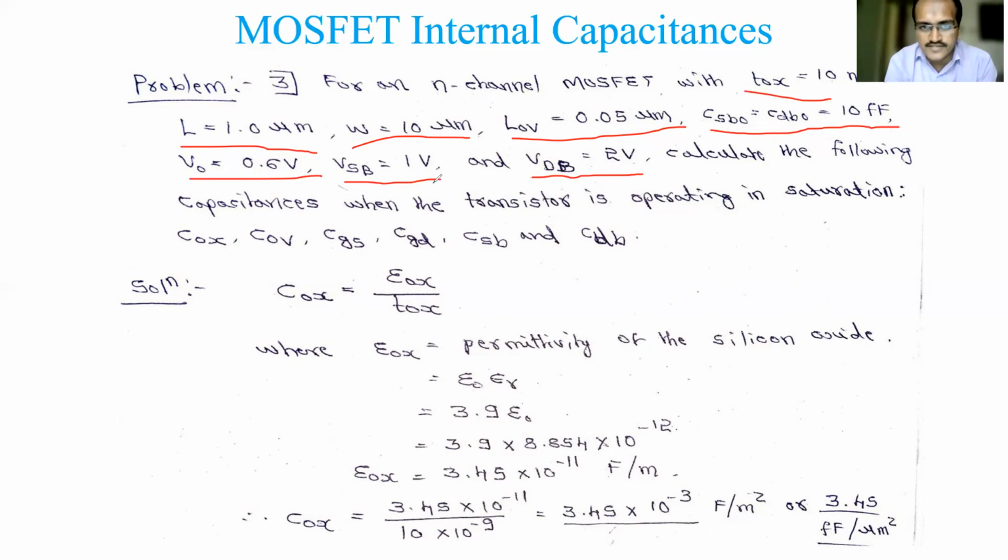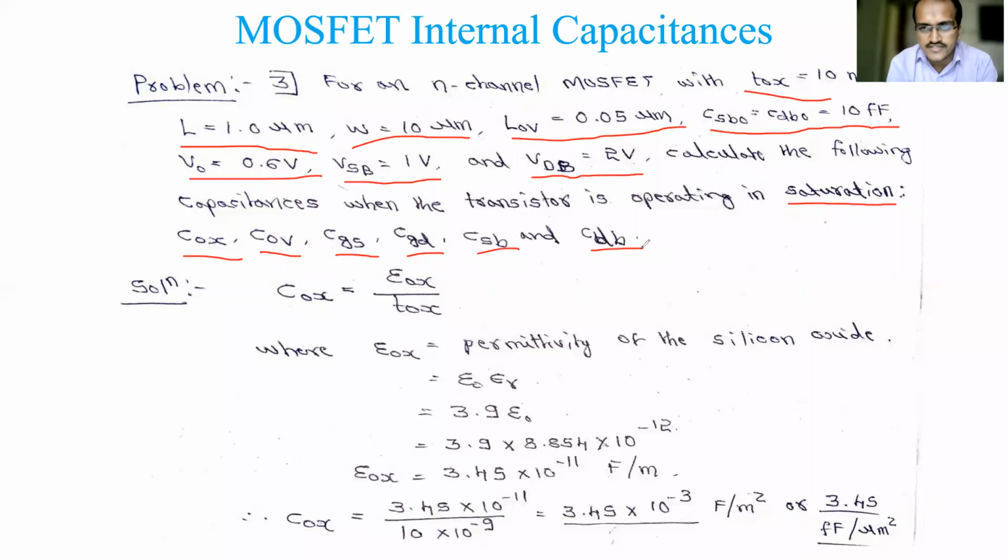Calculate the following capacitances when the transistor is operating in saturation. This you have to keep in mind. You have to find COX, which is the basis of all the capacitances. Then we have to calculate the overlap capacitance, then gate to source, gate to drain, and then source to body and drain to body capacitance.